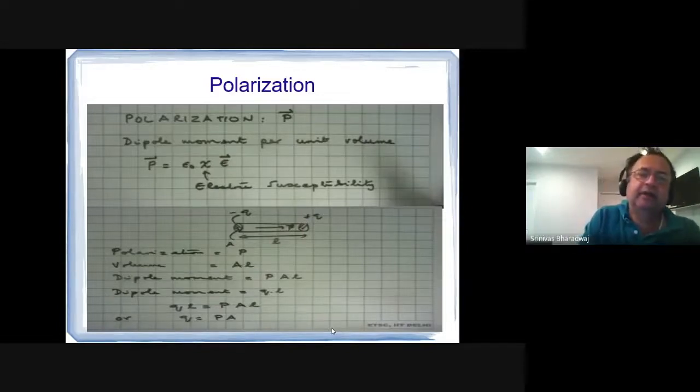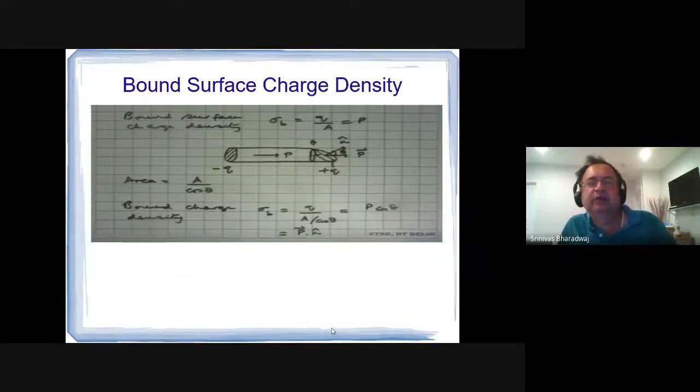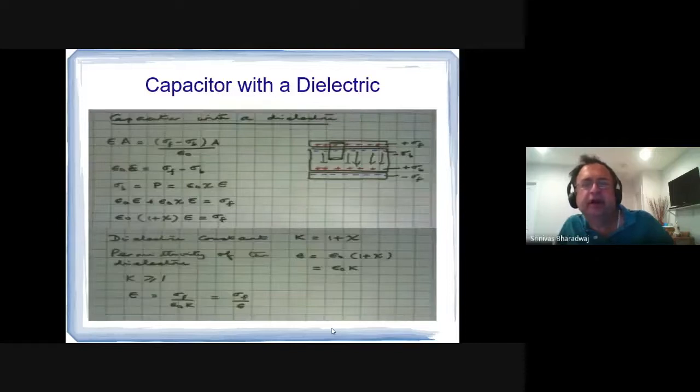So the polarization is a charge per unit area. So then you have the bound surface charge density, and the bound surface charge density sigma B is equal to Q by A, which is equal to P. Now, if you have a capacitor with a dielectric, you can have epsilon naught A by D, and from that you can calculate the sigma.